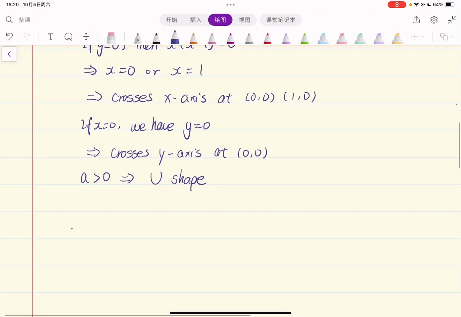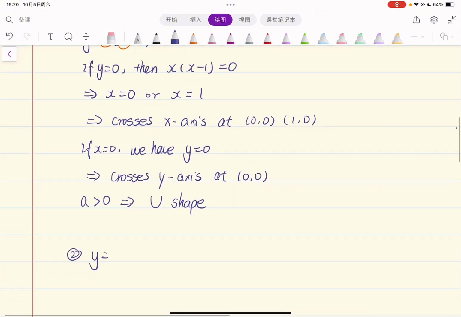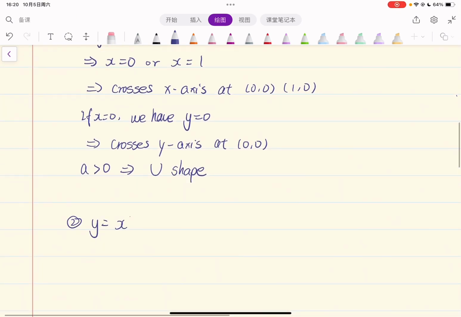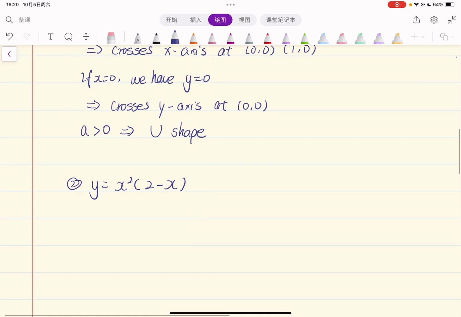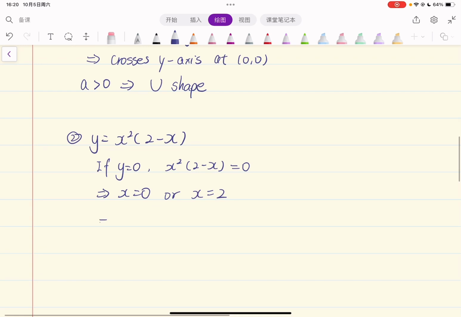Now let's see the second equation, y equals x squared times (2 minus x). Similarly, if y equals 0, we have x squared times (2 minus x) equals 0, which implies that x equals 0 or x equals 2. It means that the curve crosses the x-axis at (0, 0) and (2, 0).